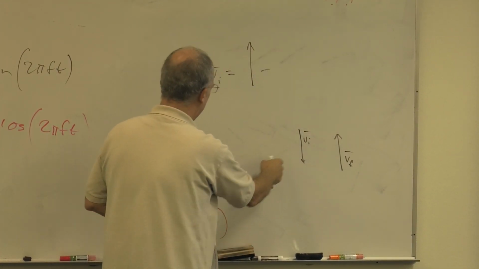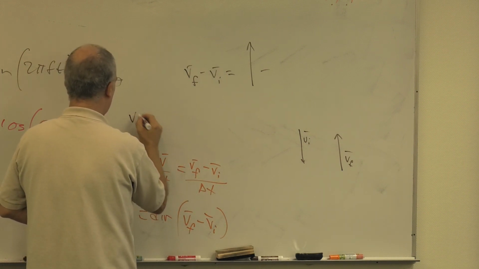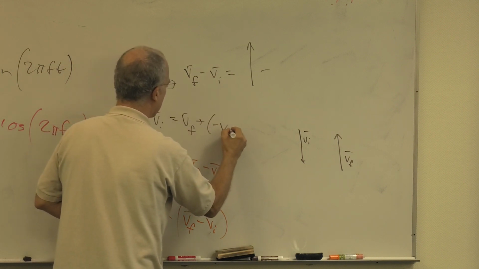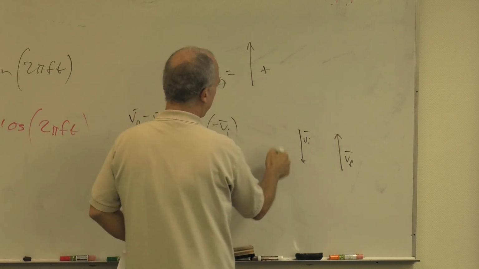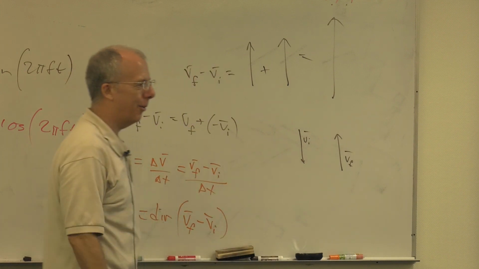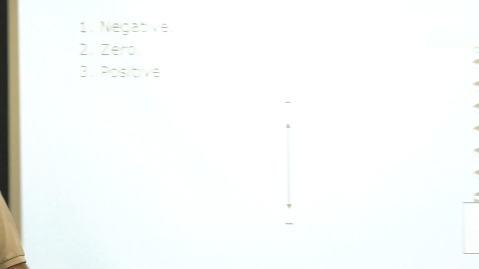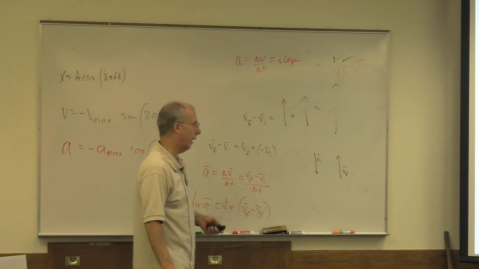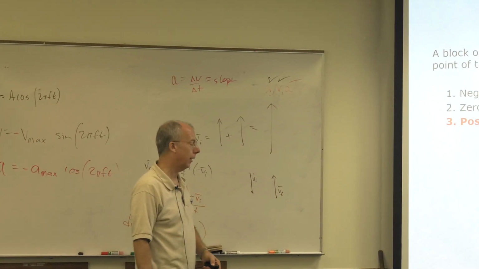Remember how to do a minus? v final minus v initial is v final plus negative v initial. You got to know that. So we have that plus negative that, which is that. So with this coordinate system, it's positive. It's super important that you know how to do that. If you don't, make sure you review and figure it out.